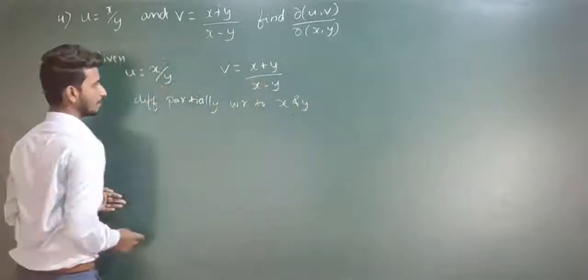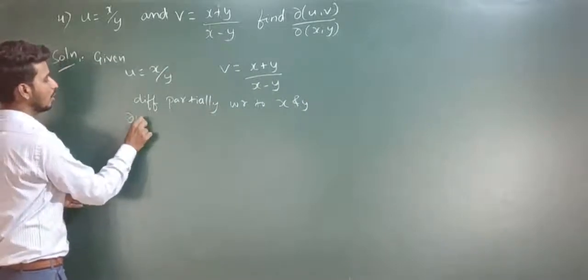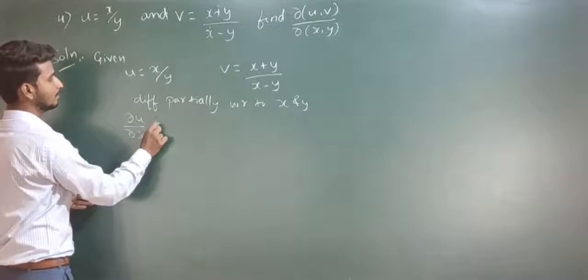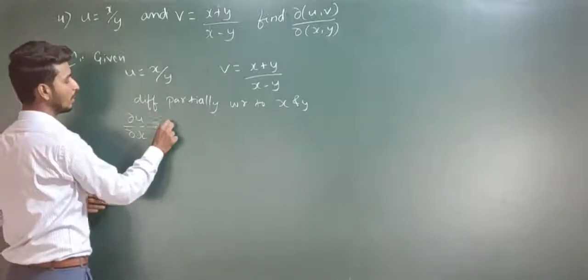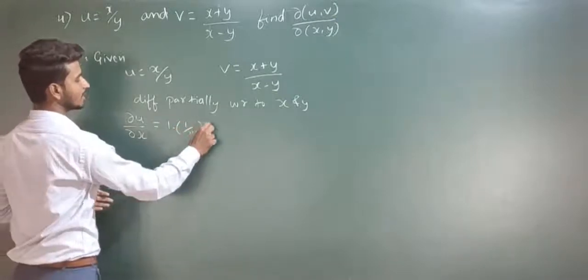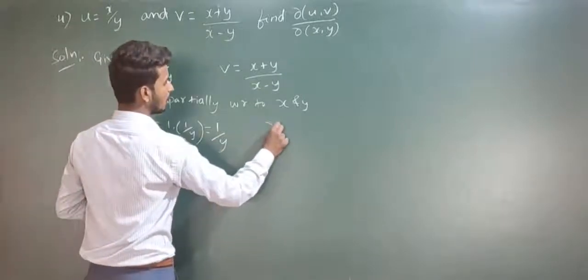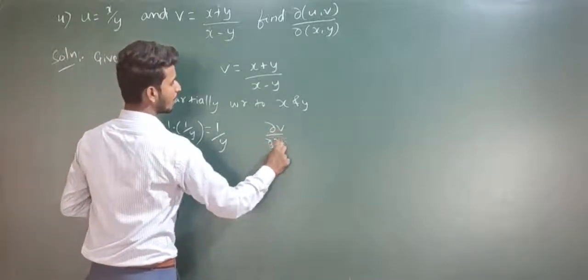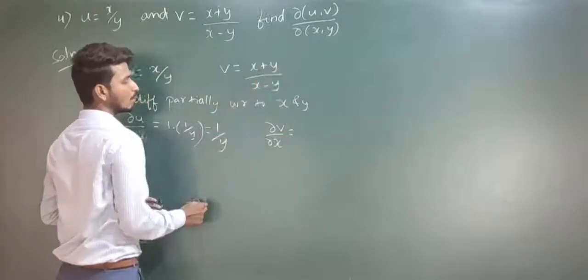Differentiate this with respect to x, that is dou u by dou x. x differentiated with respect to x is 1, into 1 by y, that is 1 by y. Next dou v by dou x. Here this is in the u by v form.